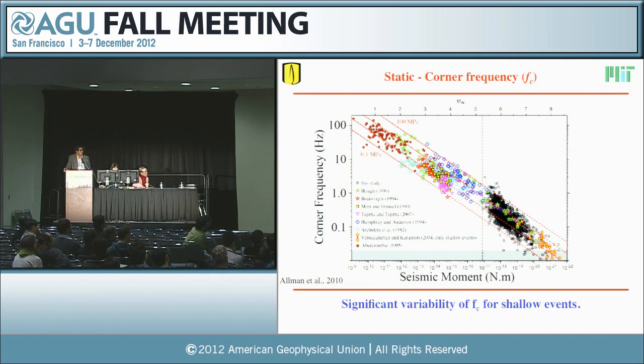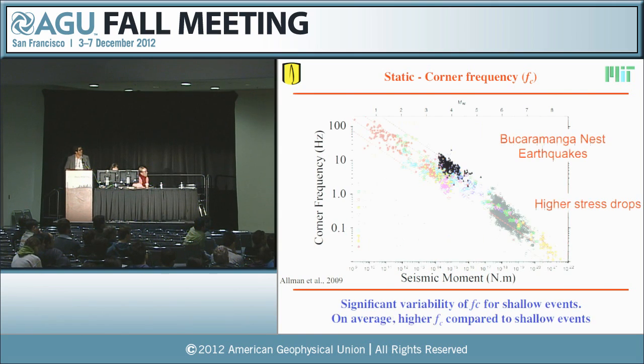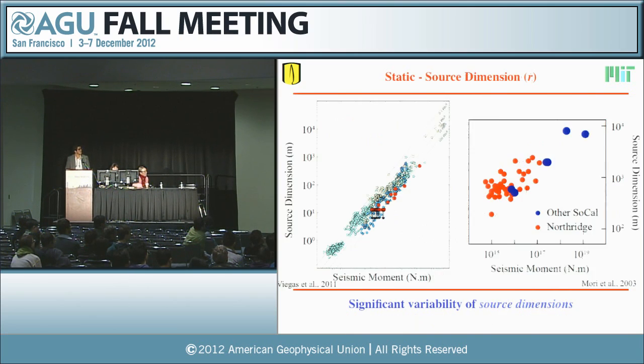We call this corner frequency, and this is for mostly shallow events at different places in the world. When we add the Bucaramanga earthquakes, I'm going to go back and forth, we can see that the majority of the estimates of corner frequency for the Bucaramanga tend to be on the high end of the corner frequency plot. So that suggests higher stress drops.